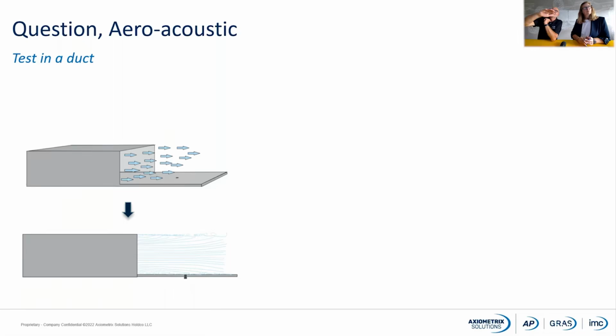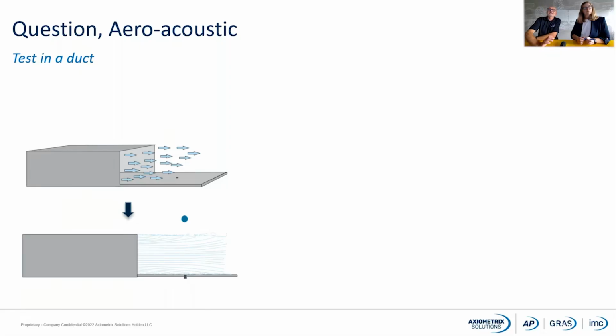In the top of the duct system, there will be some turbulence because the speed of the flow will be reduced due to the walls in the top and in the bottom and the size of the duct.